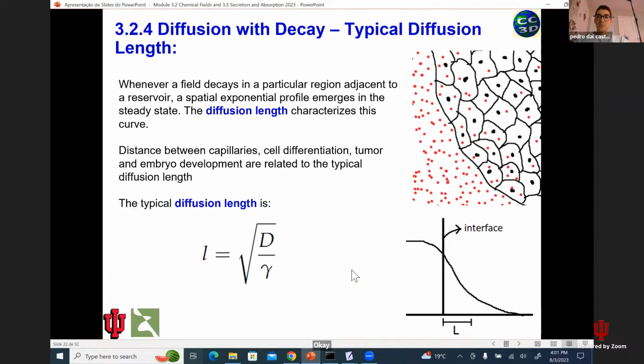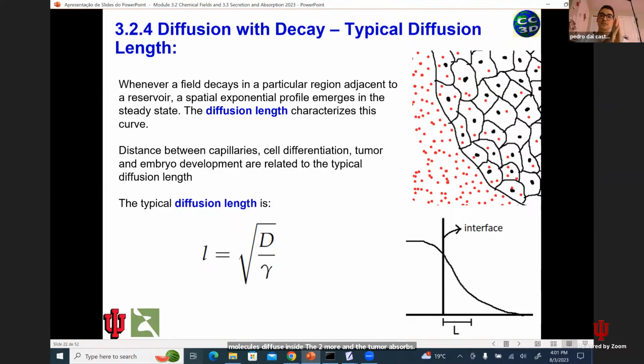In biology, you may find, for example, decay inside the tissue. So this is a paint masterpiece by me, where you have, for example, tumor cells in the corner here, and for example, a glucose field. The glucose molecules diffuse inside the tumor, and the tumor absorbs the glucose.